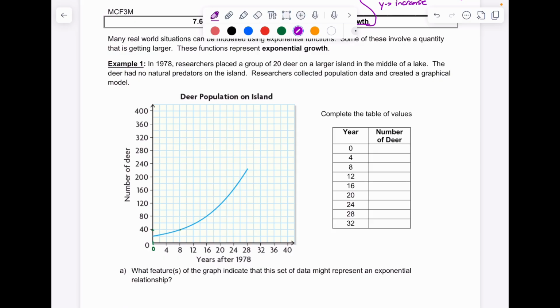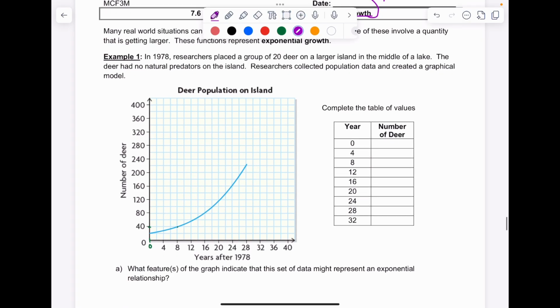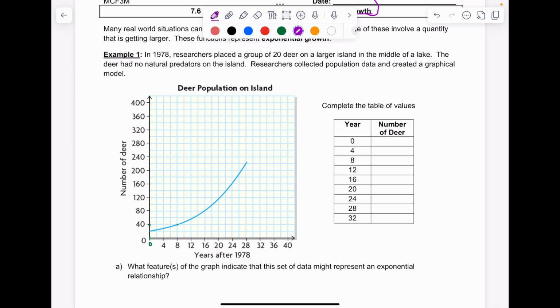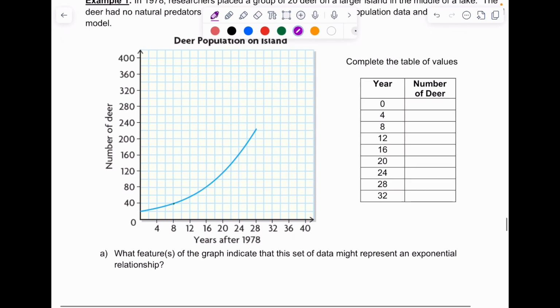It's just two examples. So in the first example here, in 1978, researchers placed a group of 20 deer on a larger island in the middle of a lake. The deer had no natural predators on the island. Researchers collected population data and created a graphical model. So complete the table of values.